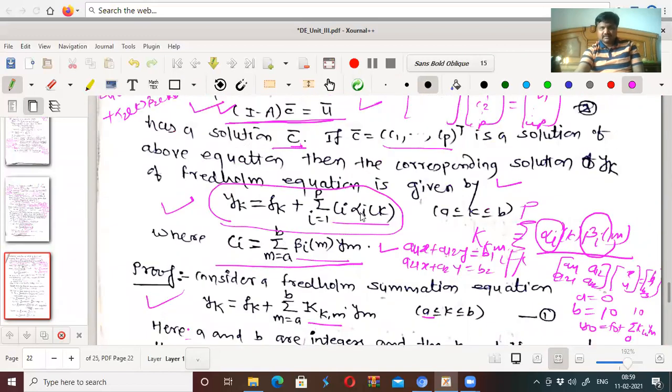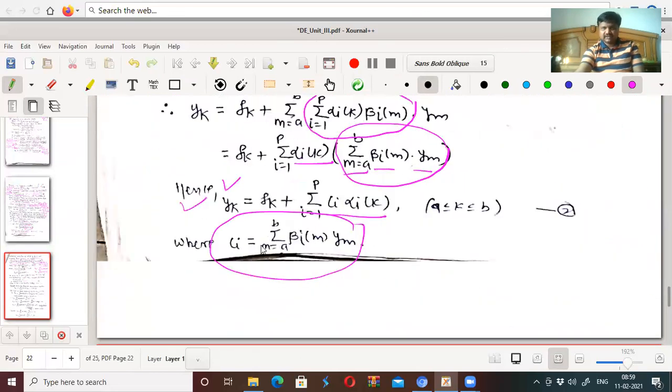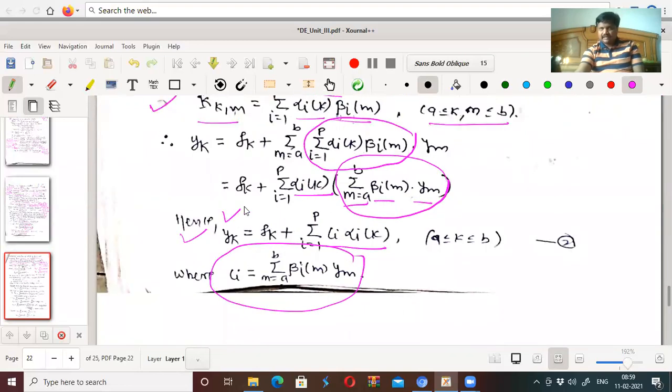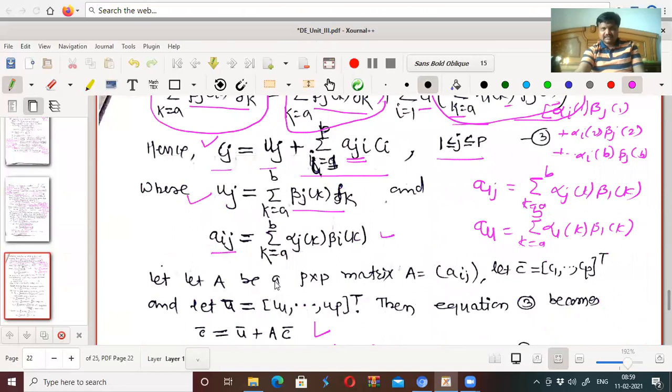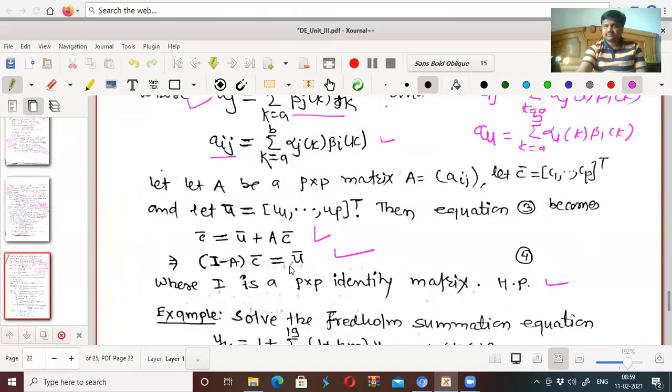If C bar is a solution of this equation, then the corresponding solution Yk must satisfy this one, which we have taken there. Here Yk is equal to this one. And we said that if Ci we have taken in this way, then that Ci satisfies this matrix equation, isn't it? Okay.